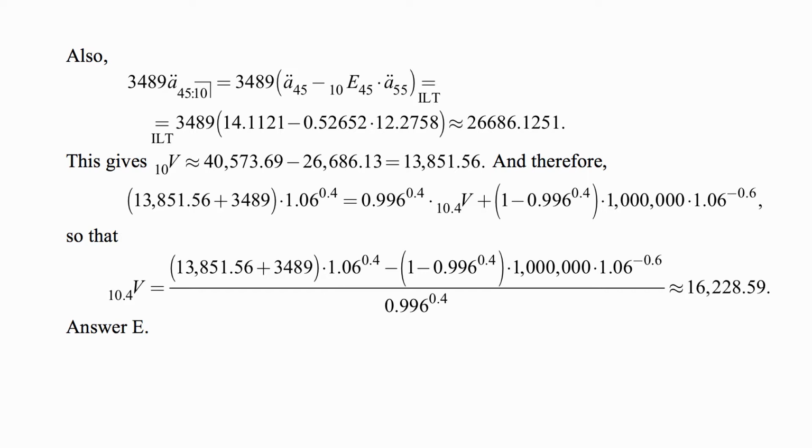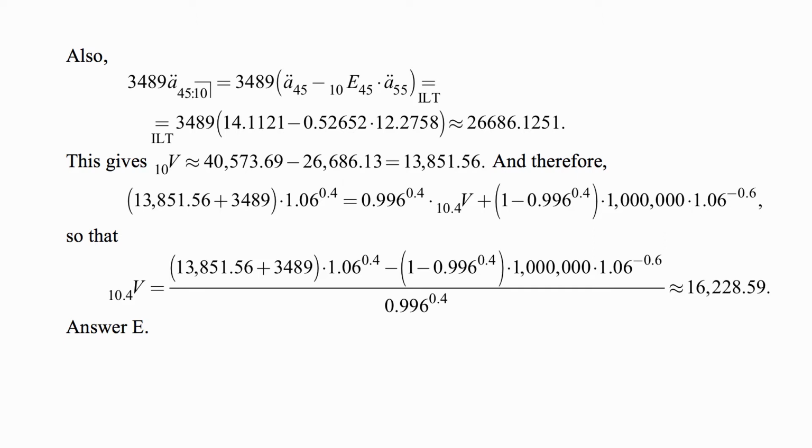13,851.56, approximately. There are more digits after 5, 6, but we ignore them for now. So we round it to 13,851.56. Okay, so now we actually have that reserve at time 10.